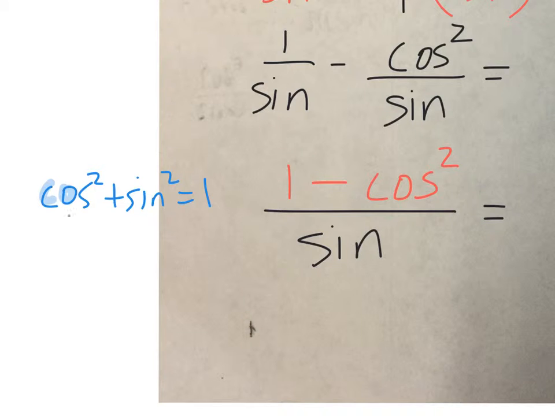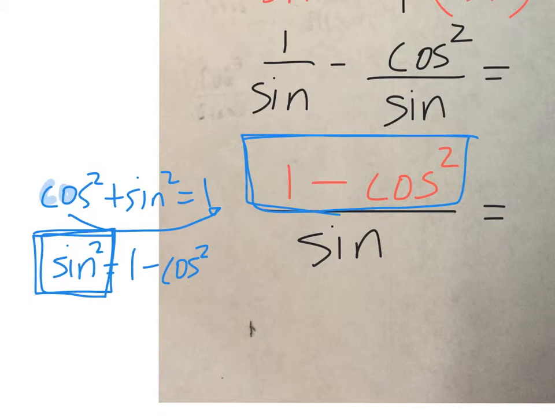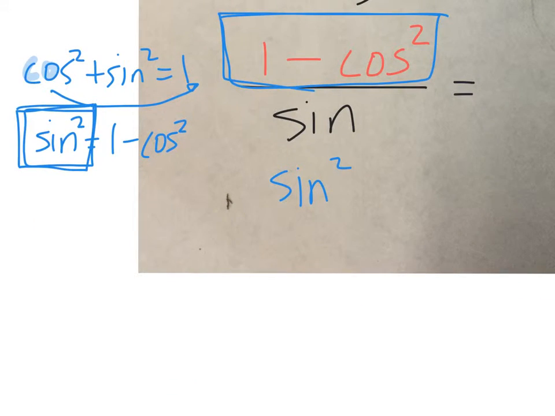If I bring the cosine squared over here, I get this little manipulation: 1 minus the cosine squared is also the same as just the sine squared. So right here, instead of 1 minus cosine squared, I'm going to write sine squared. That is a trigonometric substitution. I'm replacing 1 minus cosine squared with its trig equal.